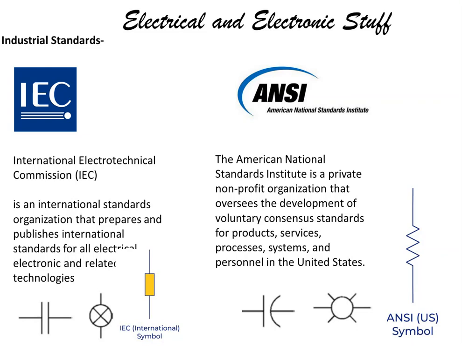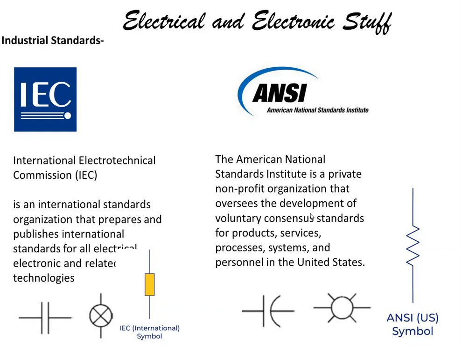The full form of IEC is International Electrotechnical Commission, and the next one is the American National Standards Institute. The IEC standard was invented by the British, and the next one is the American standard. You can see here the symbol representation. The first one is the capacitor symbol.